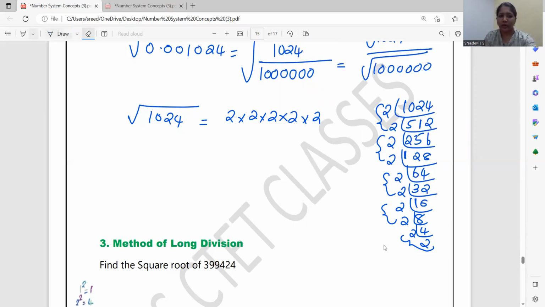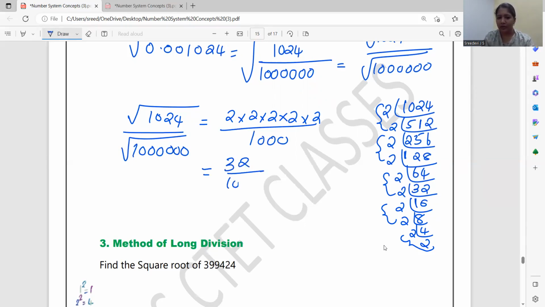And here we need to find the square root of the denominator as well, right? 1 with 6 zeros. When you take the square root, the zeros will be exactly half of the zeros within the number. So now you'll be getting the answer 32 divided by 1000. What is 32 divided by 1000? When you take it, you'll be getting 0.032.